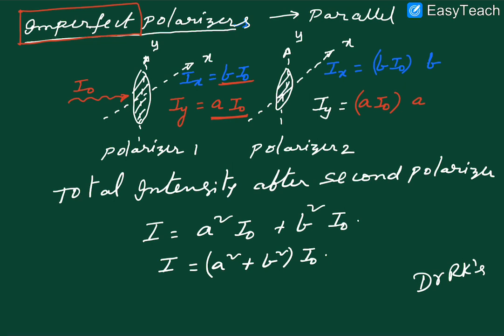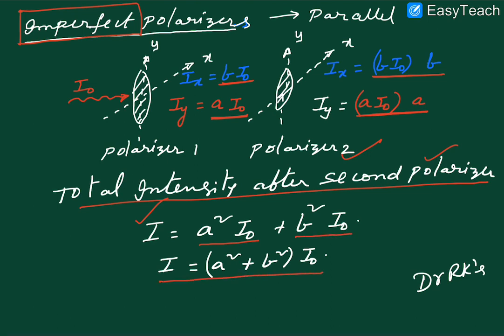Then after the second polarizer, A I naught into A, that is the parallel component, and the perpendicular component B I naught into B. So the total intensity after the second polarizer is A square I naught plus B square I naught. Then total intensity is A square plus B square into I naught.